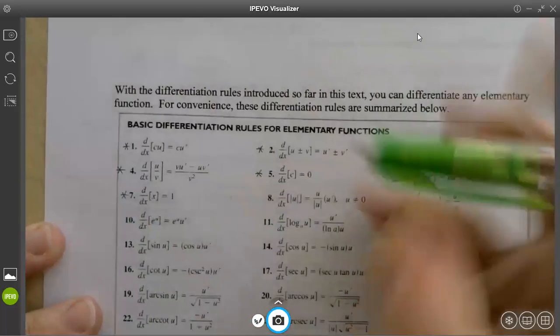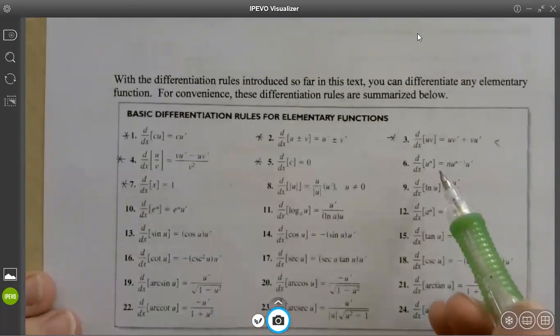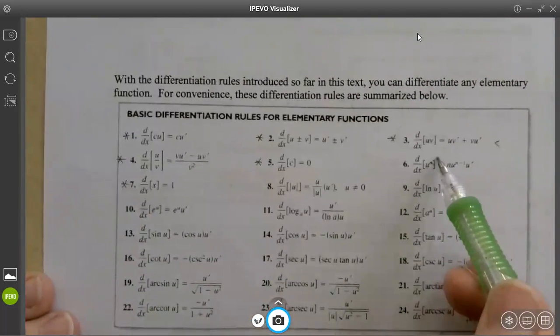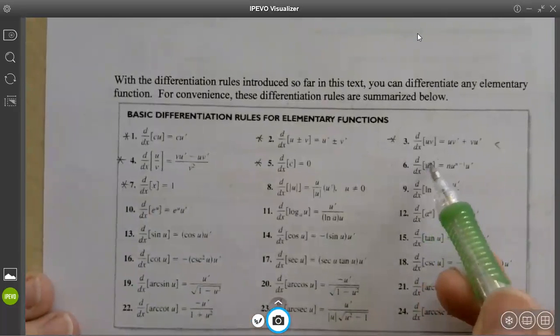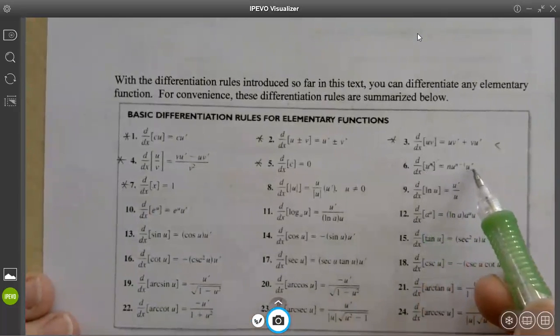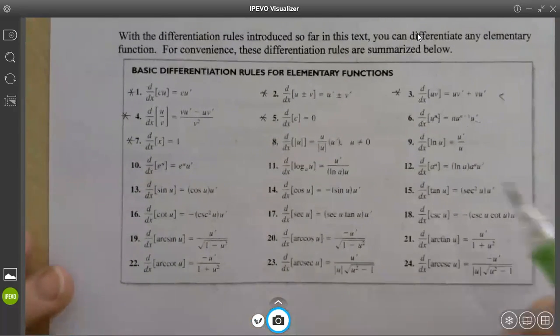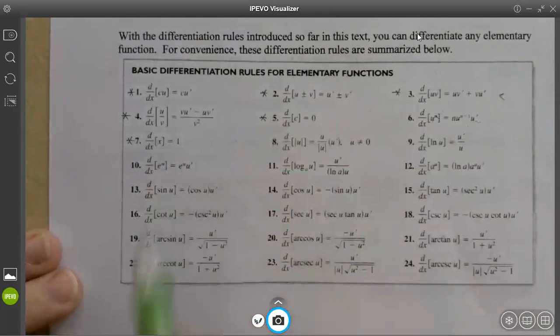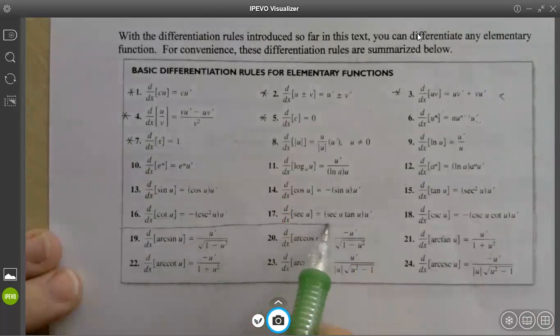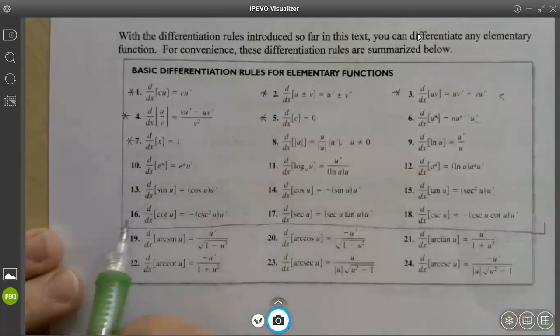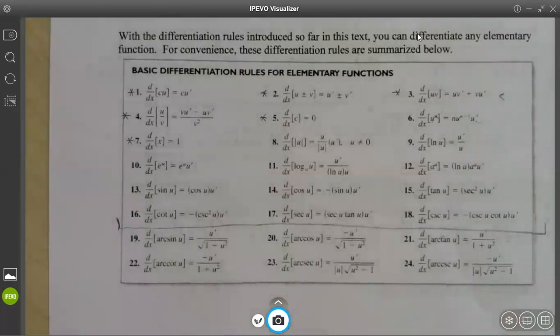Six is the one you're having trouble with. That's your little chain rule. So if you had a function in here, remember it's the 1 less power, put that function to the 1 less power, and then derive whatever that function is. Everything else, you had a quiz on. So all of that you should know.